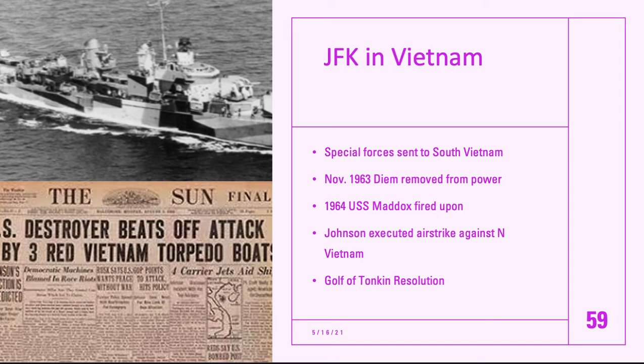And this is how we don't officially declare war, but we fight a war somewhere. What this does is really expand the powers of the president. When they say take all necessary measures to repel an armed attack, they are essentially giving the president a get out of jail free card, an open ticket to do whatever they want in Vietnam.